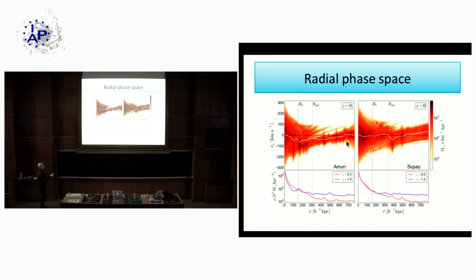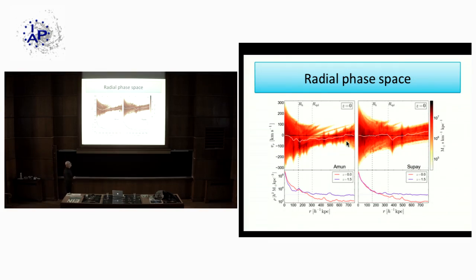And you see that there is a net inflow here. So this object is indeed accreting mass. And if you look at the density profile of this object, at redshift 0 and redshift 1.5, it has changed quite a bit, consistent with the fact that mass is still inflowing into it.